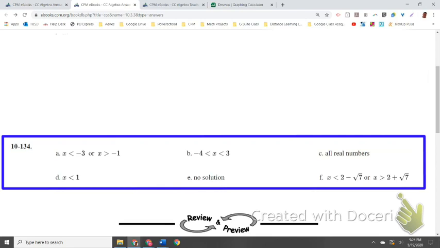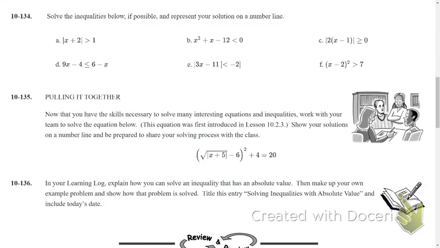And so we're going to leave you guys with one last problem today. And this last problem is something that you guys have actually taken a look at in 10.2.3. So I want you guys to attempt to solve that.